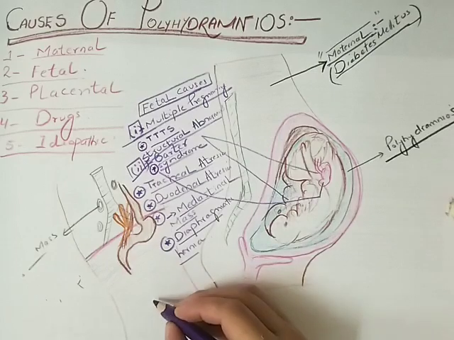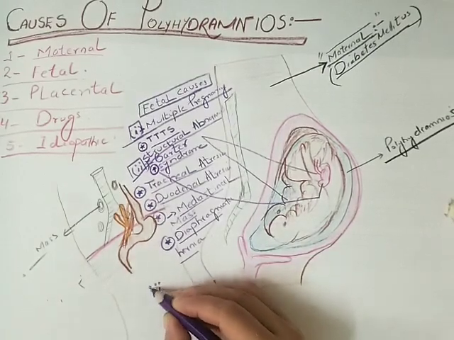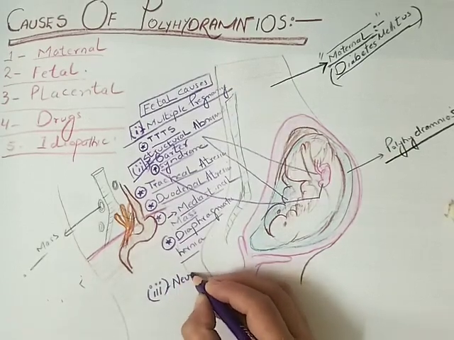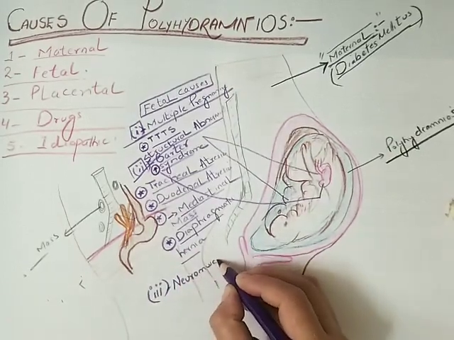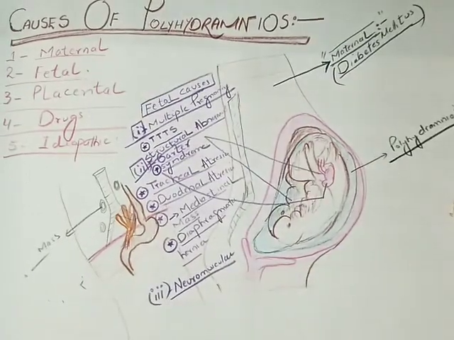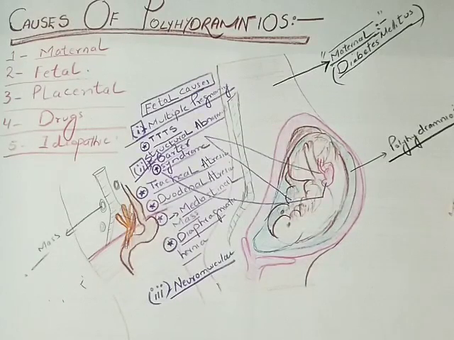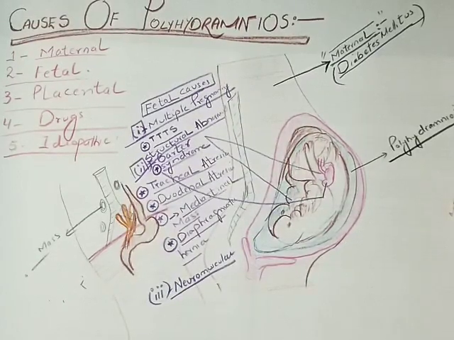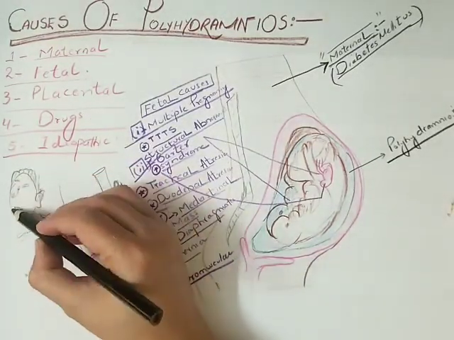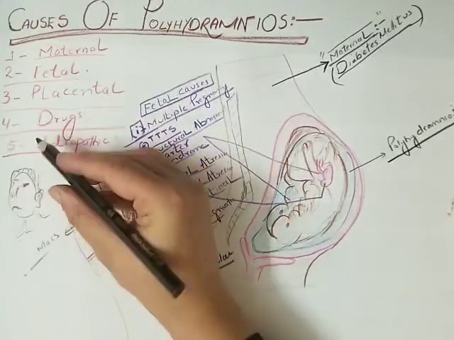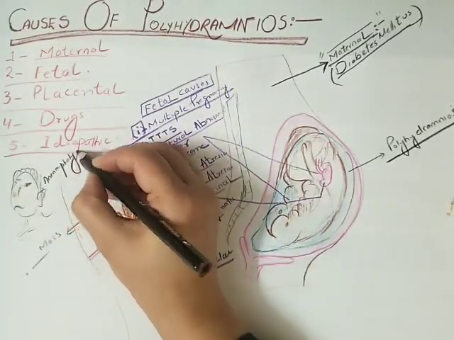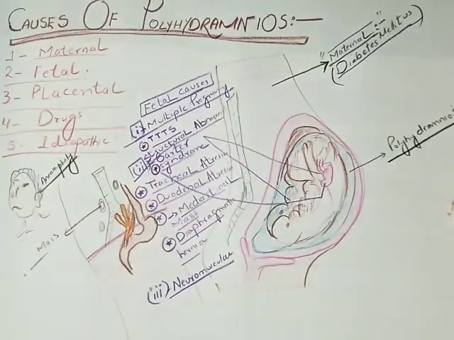Now coming to the third fetal cause, we have certain neuromuscular problems in the fetus as well. The neuromuscular causes include anencephaly, muscular dystrophy, and fetal akinesia. There are certain babies in whom the major portion of the brain is missing. That condition is called anencephaly, and in that case, we have polyhydramnios.